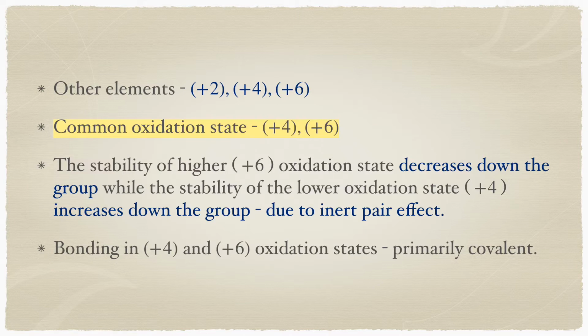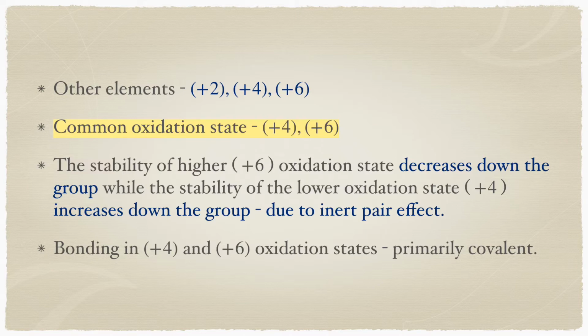Now next, the stability of the higher, that is +6, oxidation state decreases down the group. That means for group 16 elements, down the group the stability of +6 will decrease, while the stability of the lower oxidation state, that is +4, increases down the group.